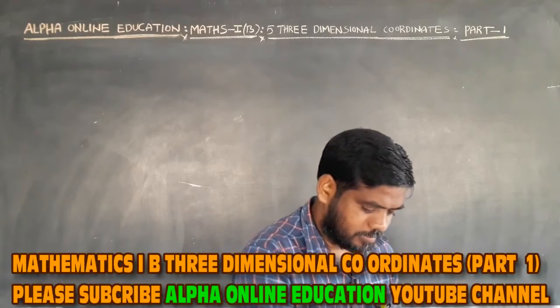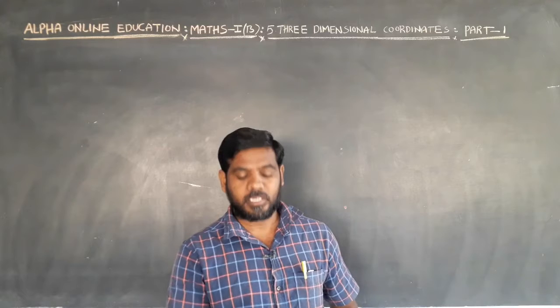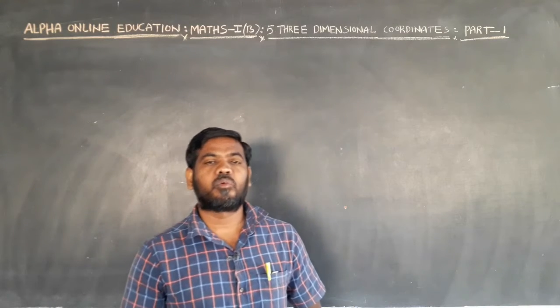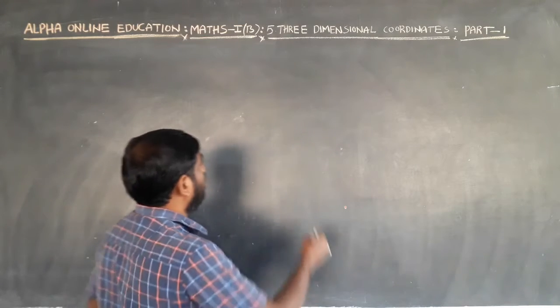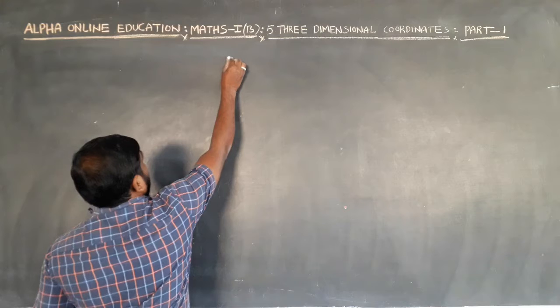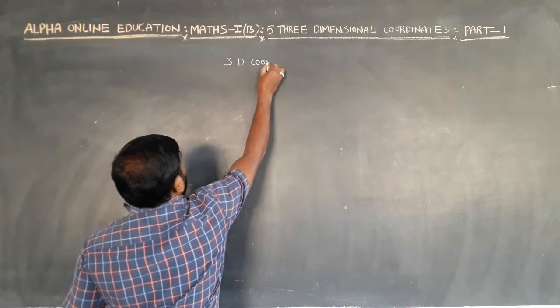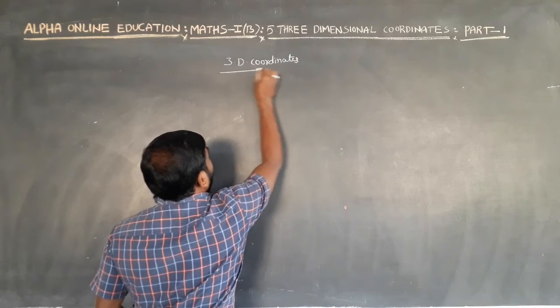We start fifth chapter of Mathematics 1B: Three-dimensional coordinates. This is the shortcut for 3D coordinates.